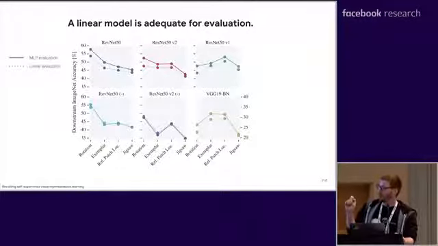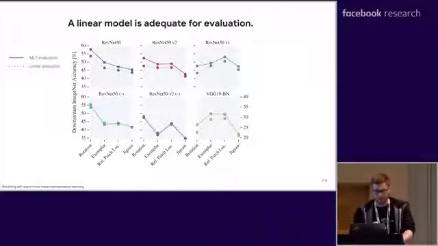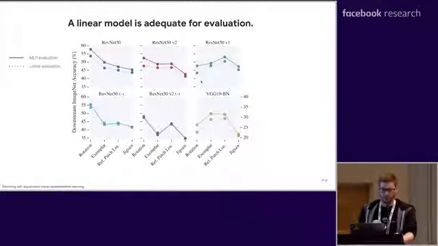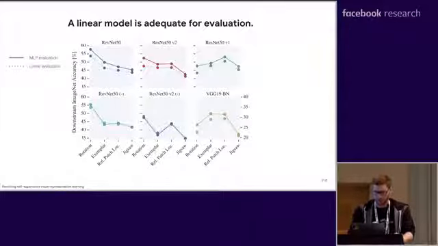Here we performed the evaluation using an MLP also, which is the full line, and the linear classification is the dashed line. As you can see, the dashed line and the full line follow pretty much the same patterns, and the ranks don't really change between them, which means yes, this linear evaluation is actually a useful thing to do, and doesn't seem misleading for all the models that we tried.